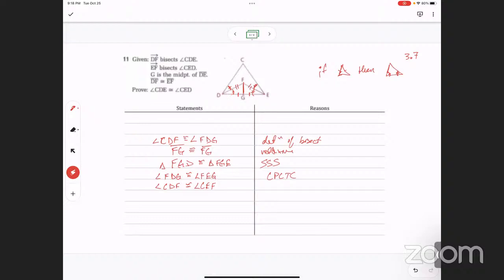So we just need to show that we know these two are equal to each other. We just proved that by CPCTC. And that means, I think maybe it is the transitive property. If these two are equal to each other, then these two are equal to each other.